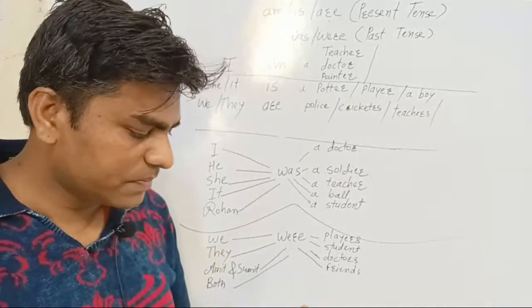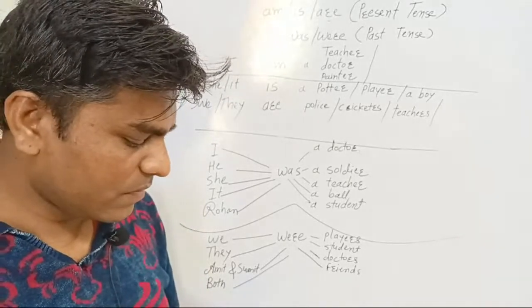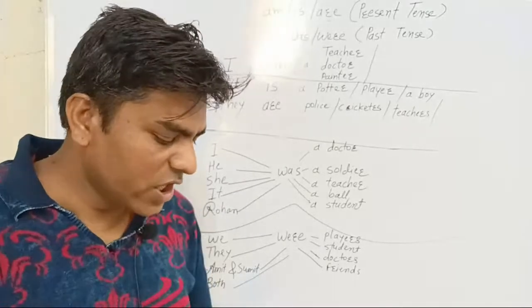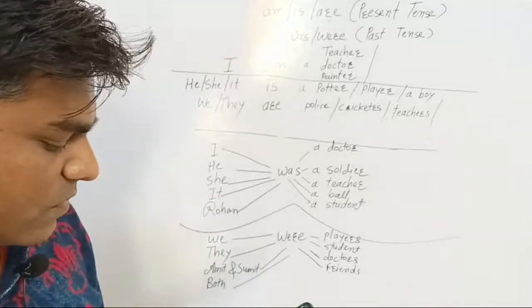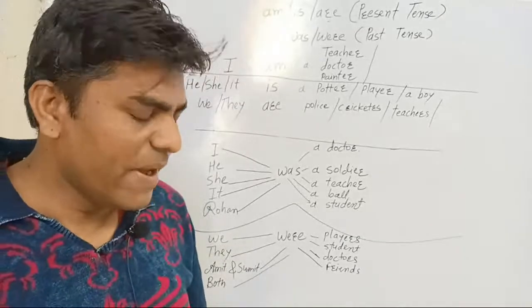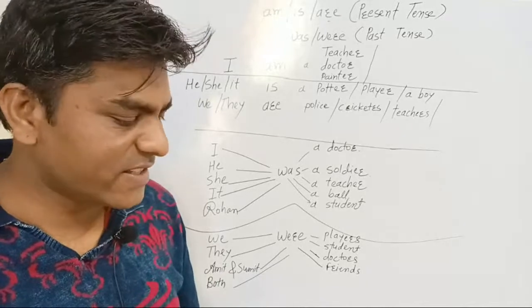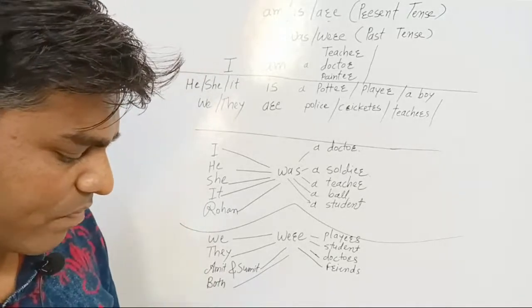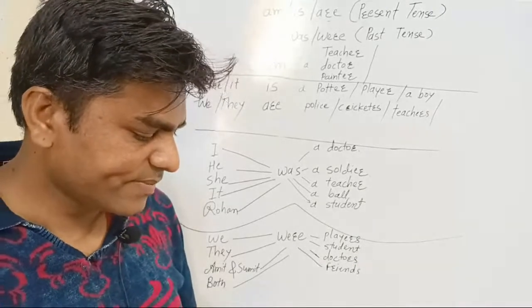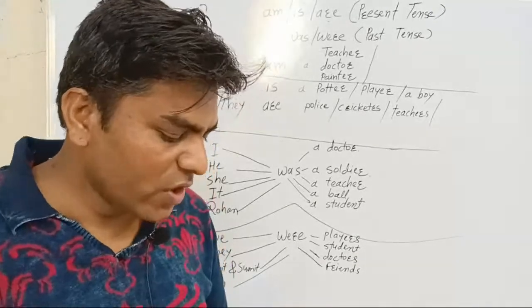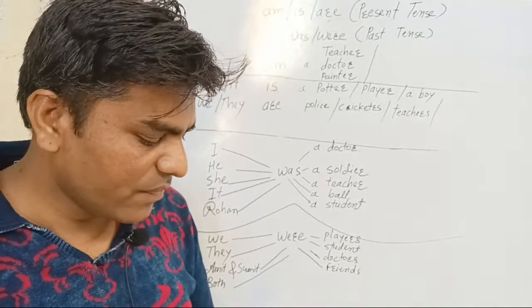Afshin, he was not a soldier, okay? Make the negative sentences fast. Then we'll move towards the next. He was not a soldier. Okay.